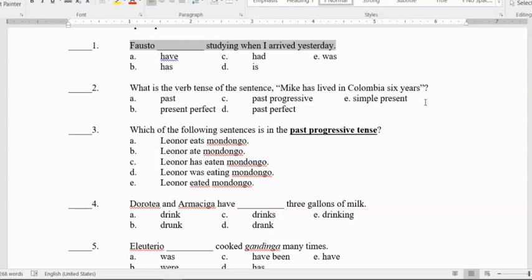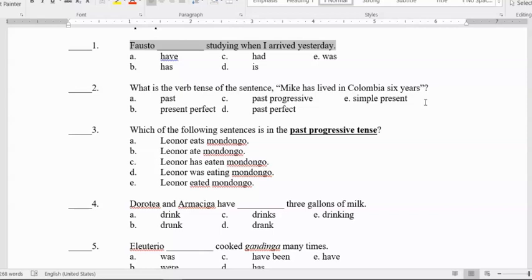In each of these cases, we have to identify how it is that the verb tense is constructed mechanically. What I mean by this is, why do we use was in the first sentence and why do we use has in the second sentence and not were or have? And I know that you know the answer to this question, right?